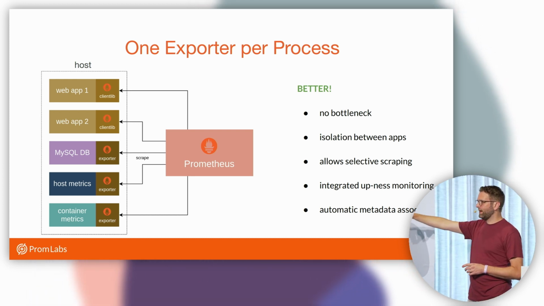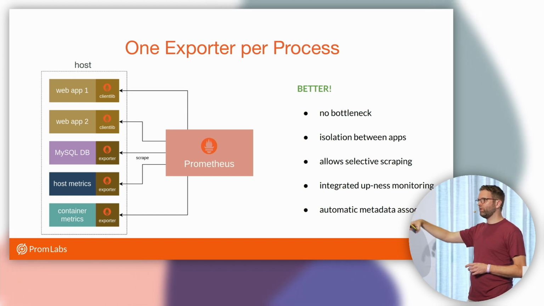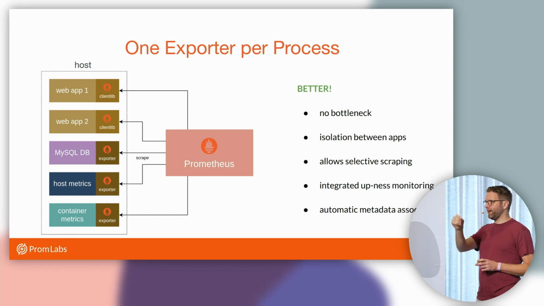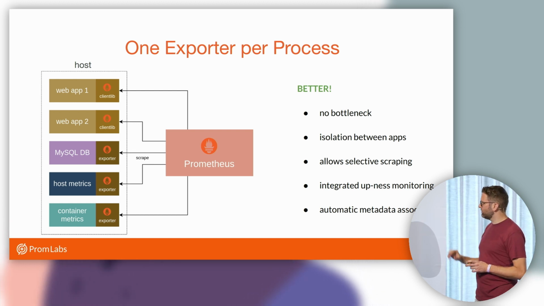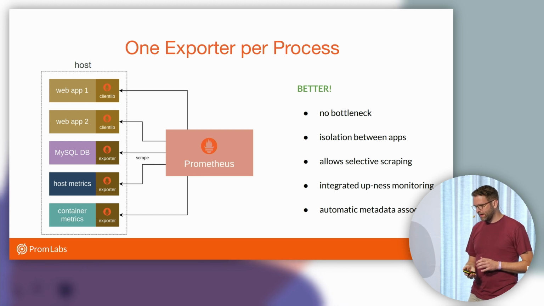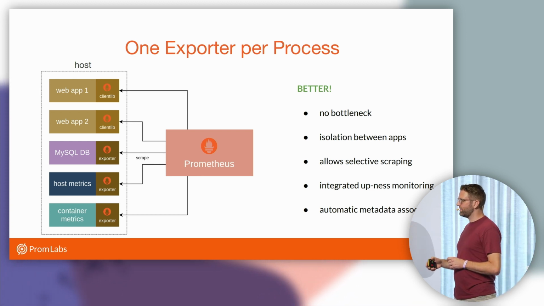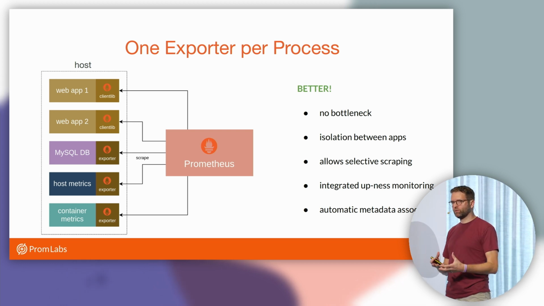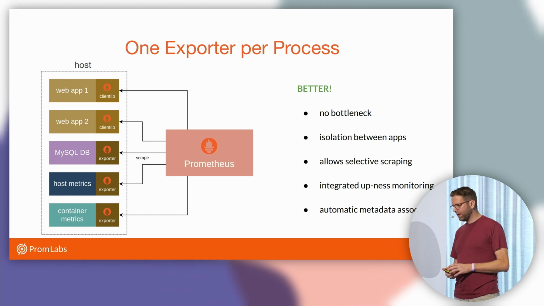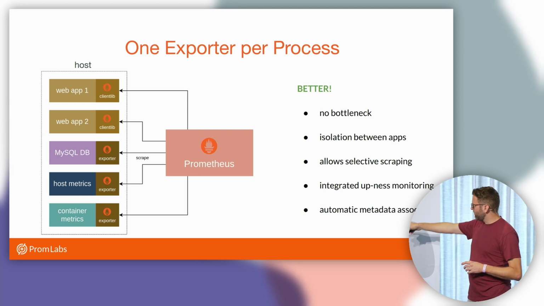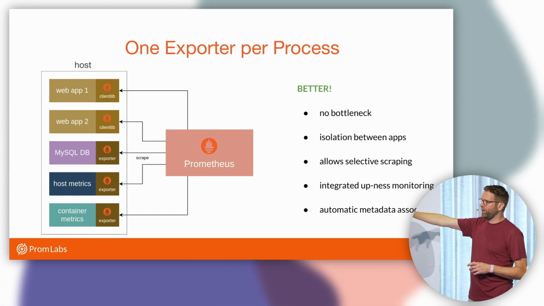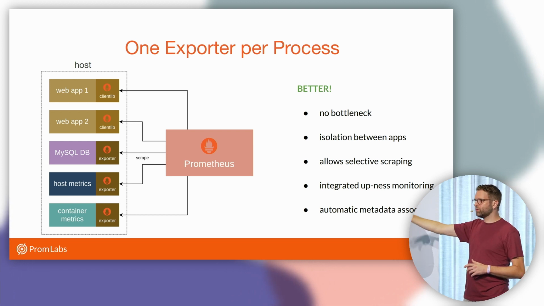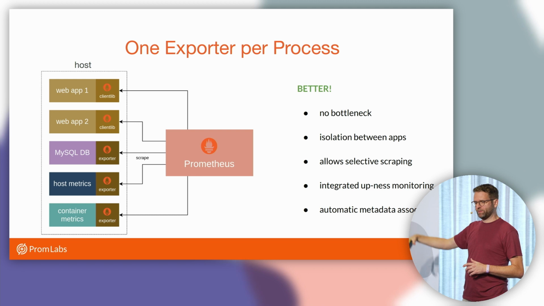And for the existing other things that Prometheus cannot directly pull from, put a single process or single host or single whatever thing exporter next to it, as long as it looks like one target to Prometheus. Then you can make use of all these awesome things. Like the Prometheus server admin can now decide which metrics they actually want to scrape in that specific Prometheus server. And all the upness metrics, you can now make really detailed use of them, and all the juicy metadata is automatically associated with all the individual scrapes.